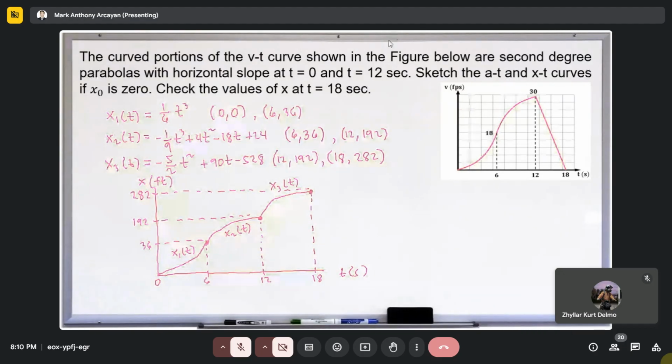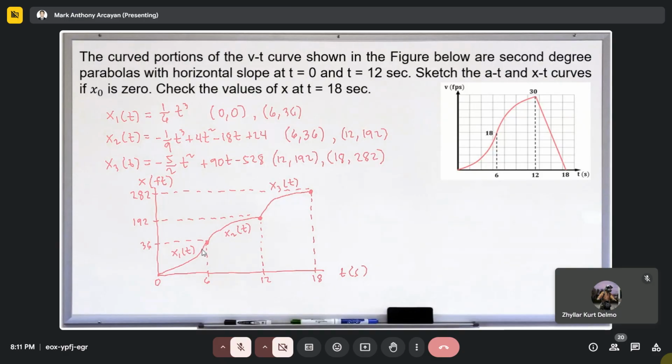Try to focus from 6 to 12. Kindly zoom in the graph, then look from the 6 to 12 range.